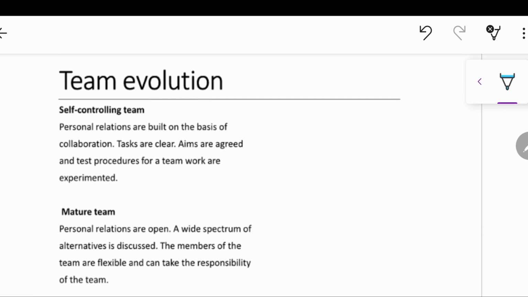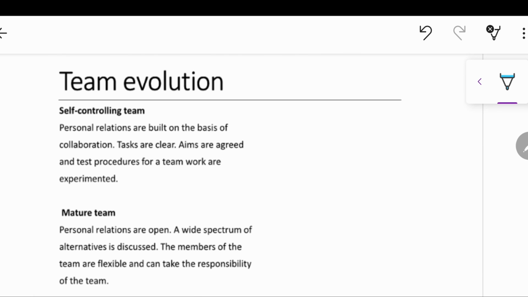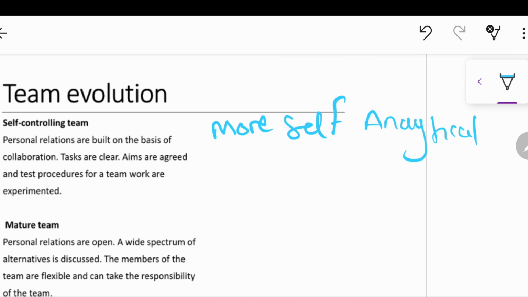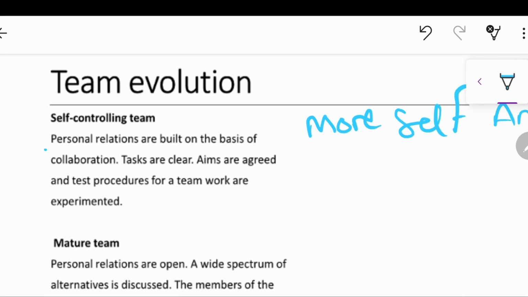Now, moving on, we have the self-controlling team. Here, people are becoming more self-analytical, and people are beginning to build personal relationships.